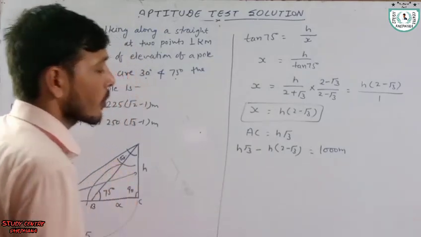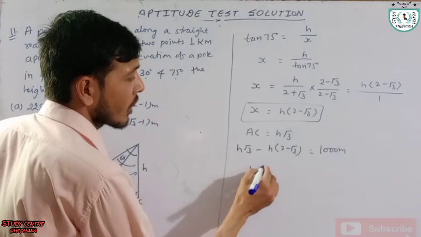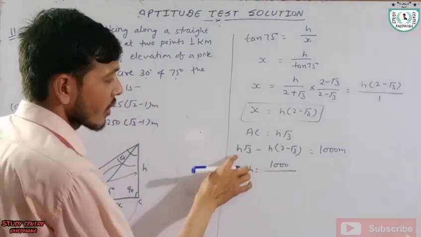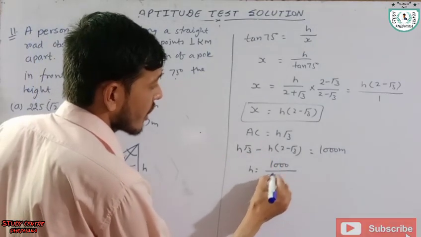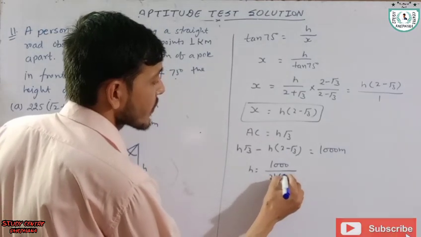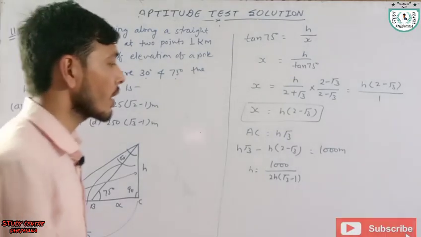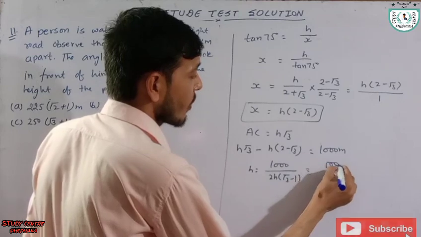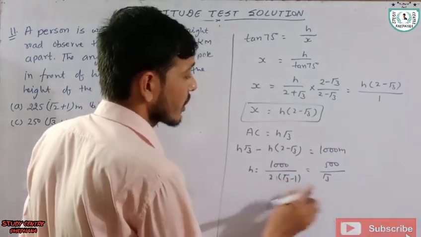After solving this for h, I can say that h is equal to 1000 upon 2 root 3 minus 2. After solving this, I have 500 upon root 3 minus 1.